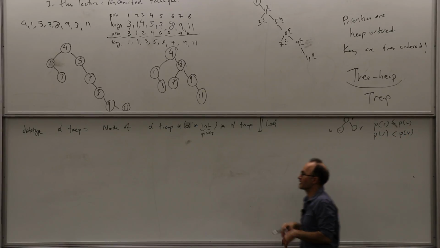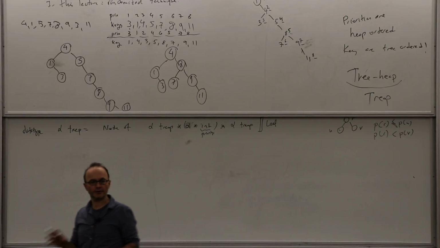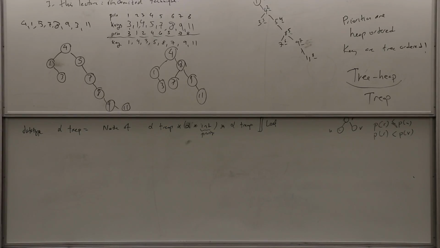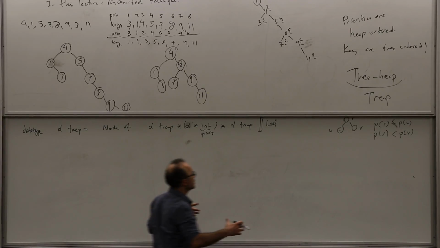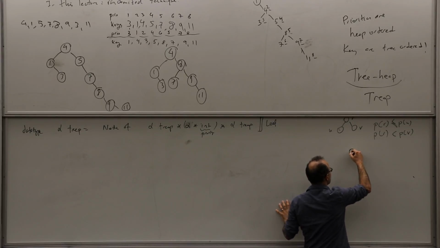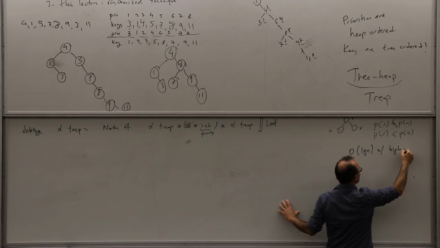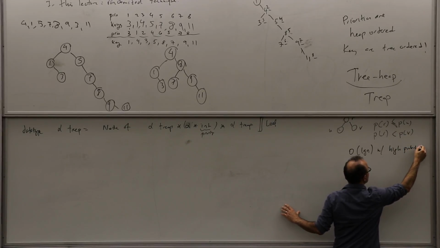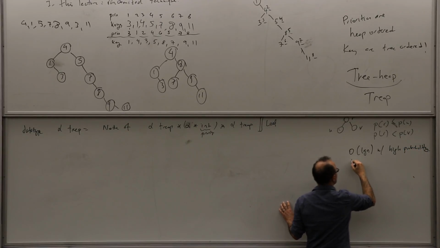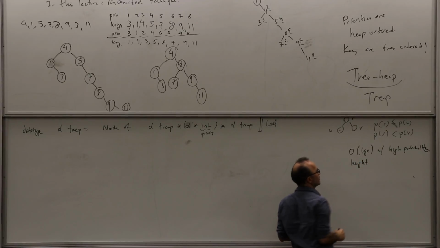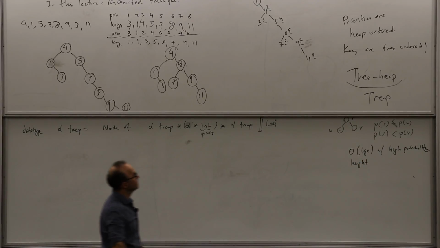This is the key invariant that we want to maintain in our data structure. And the theorem is that if these priorities are picked uniformly randomly, and if we maintain this, the tree is always going to be probabilistically balanced. The tree height is going to be order log n with high probability.